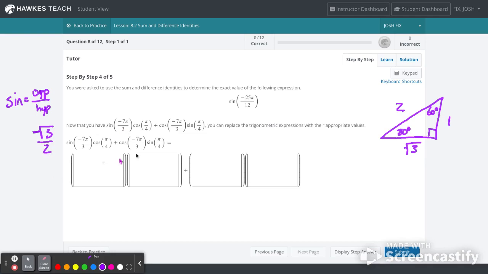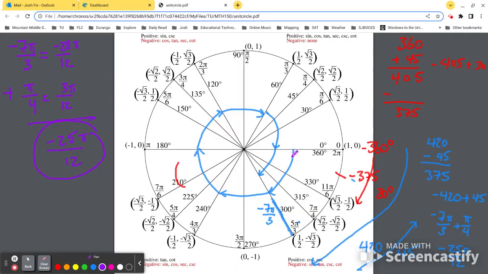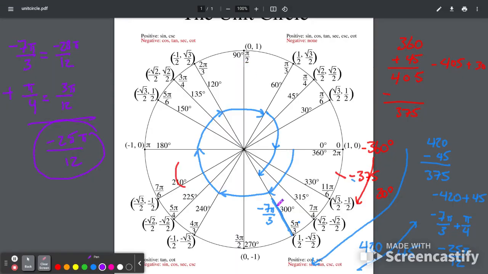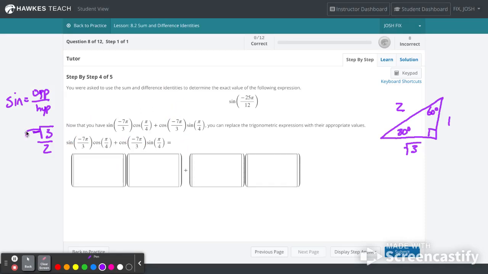Now, however, if we go back and we look at this, we're looking at this angle down here. So in this quadrant, what we have to remember is that our x values are going to be positive, our y values are going to be negative. And so that basically means that this value is going to be a negative term coming out of there. So this is actually going to be negative square root of 3 over 2.